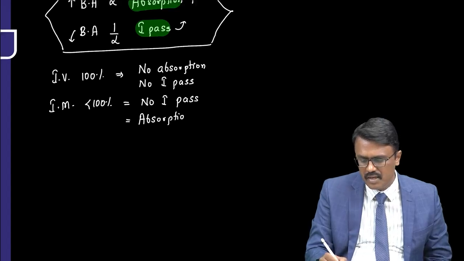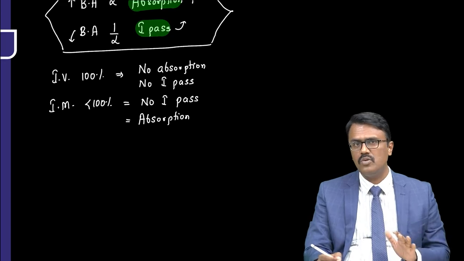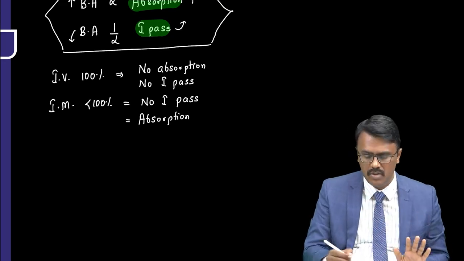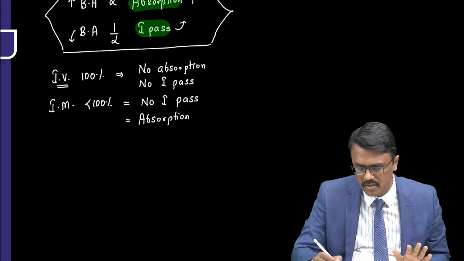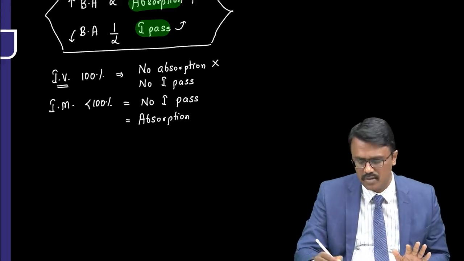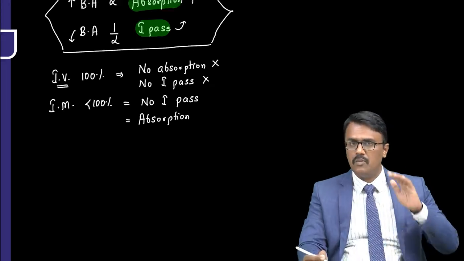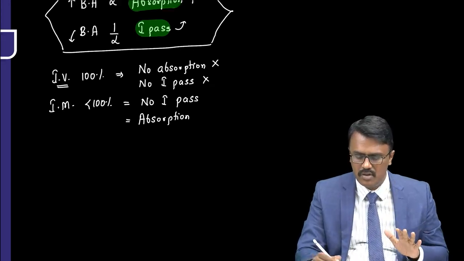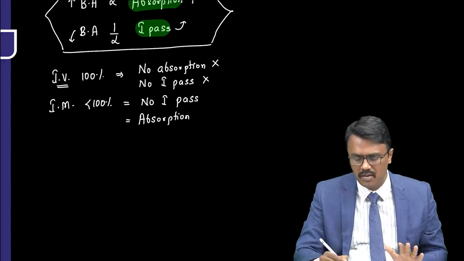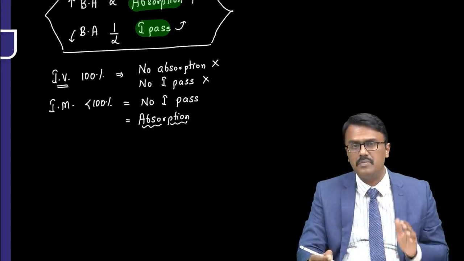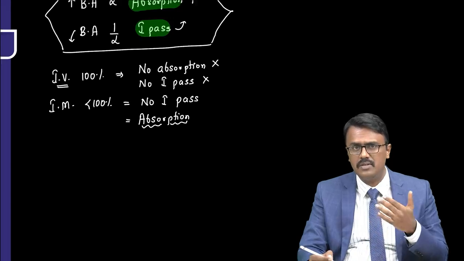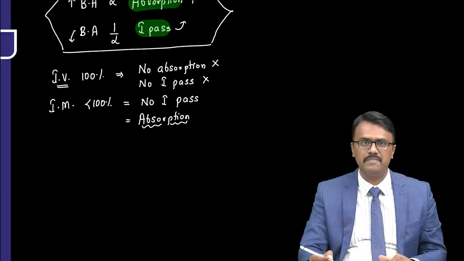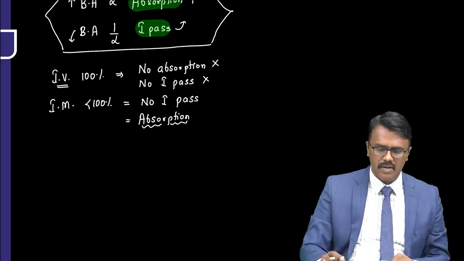That's why the other routes don't have 100% bioavailability. The only route is intravenous because it has no absorption part, it has no first pass. But what about other routes? Even though they don't have first pass, they have something called absorption. So if the absorption is decreased, the bioavailability also decreases. That's the point. Okay, sir, we got the point.